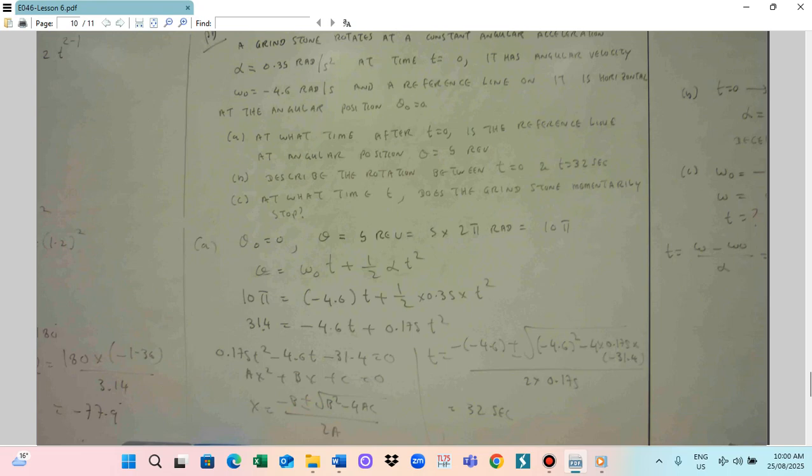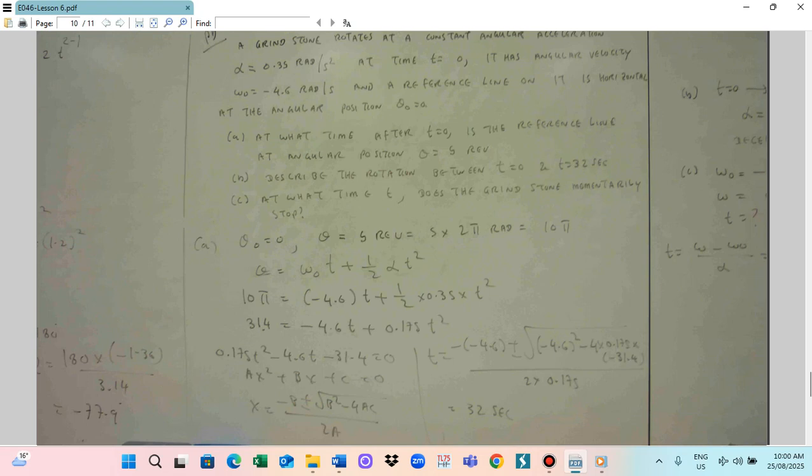Therefore we rearrange this to 0.175 t squared minus 4 by 6 t minus 31.4 equal to 0, and we can calculate t. This is of the form a t squared plus b t plus c equal to 0, so t is equal to minus b plus or minus the square root of b squared minus 4ac, all divided by 2a. This is the quadratic formula.